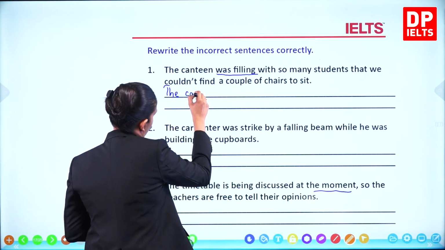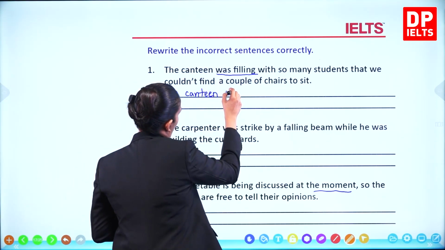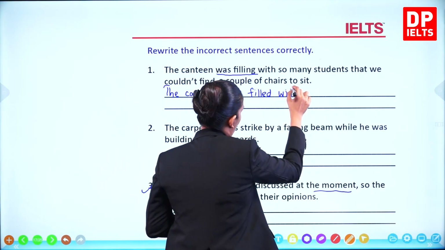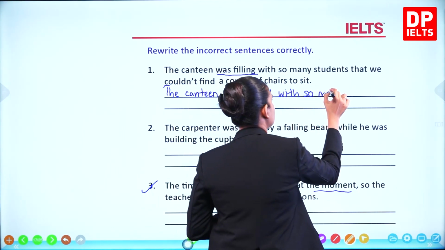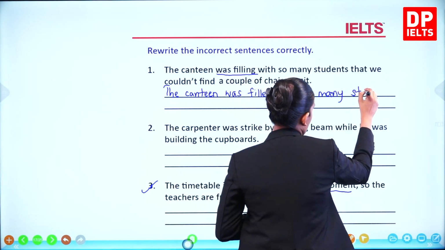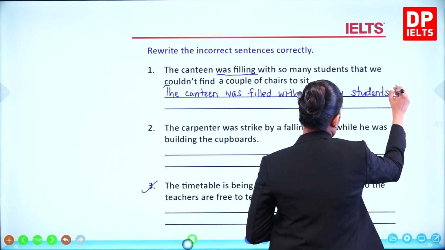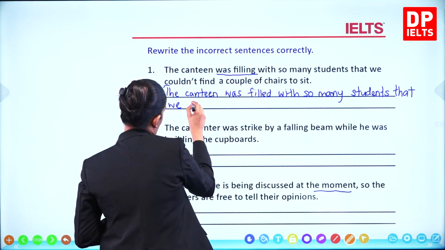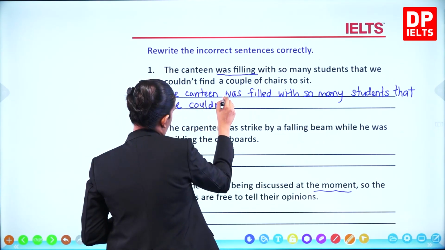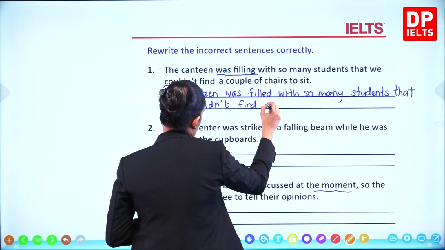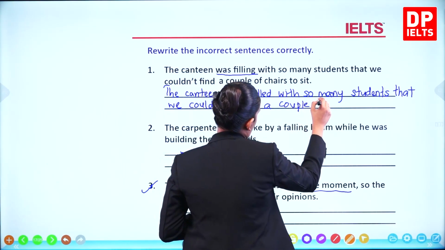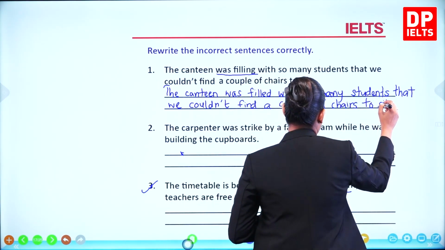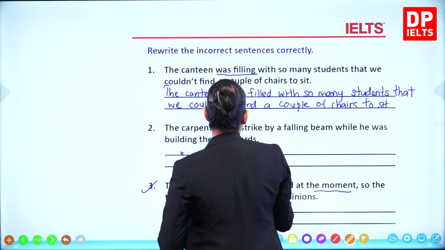The canteen was filled with so many students that we couldn't find a couple of chairs to sit.